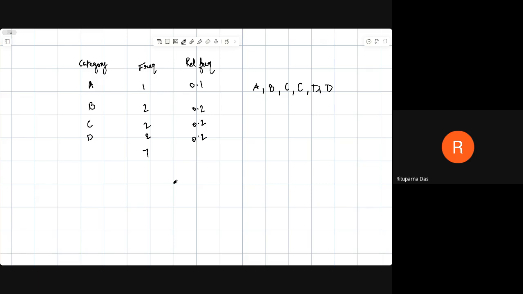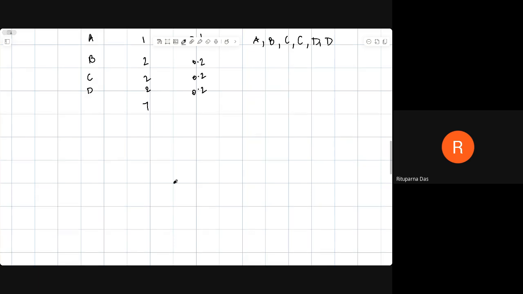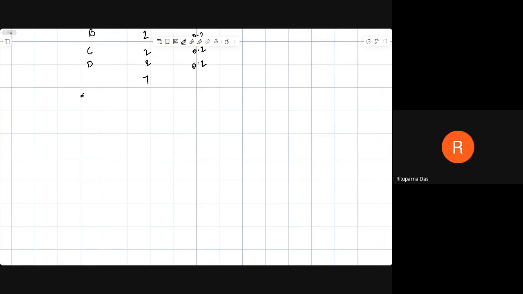I go to the topic of descriptive measures. For descriptive measures, there is mean, median, measures of central tendency. When a data set is given, to describe it we can use two measures. First is measure of central tendency, another is measure of dispersion.